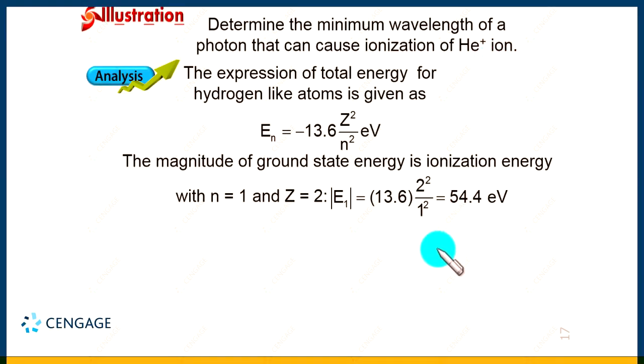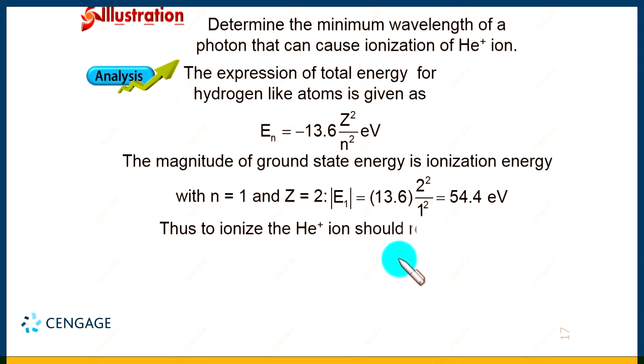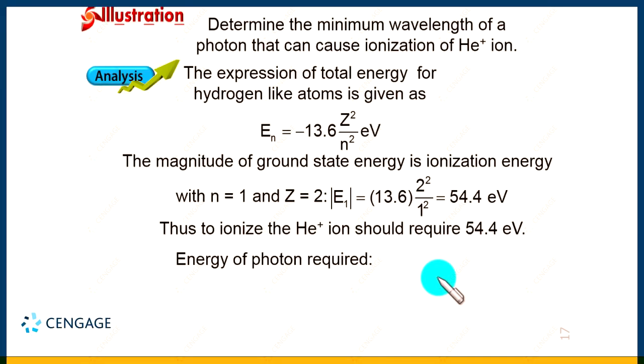And we know the energy of the photon is given by hc divided by lambda, and the energy required is 54.4 electron volt. That means the magnitude of E1 should be equal to hc divided by lambda. To ionize the helium ion should require this much energy. That means E1 magnitude equal to E, that is equal to hc divided by lambda.